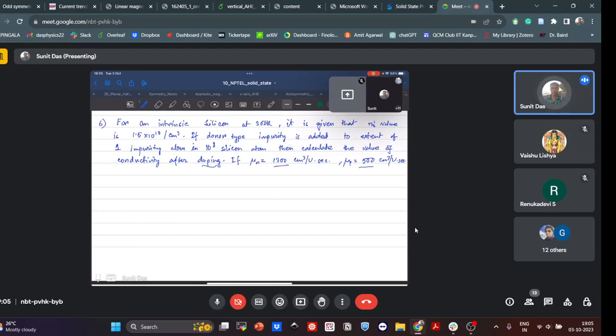The formula for conductivity is again carrier concentration, then electronic charge, carrier concentration, and the mobility.